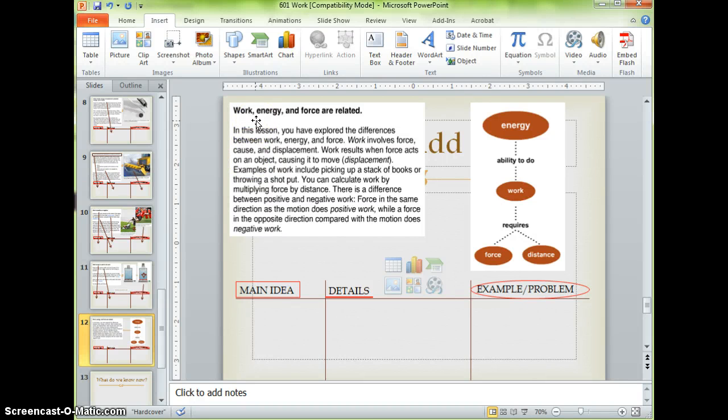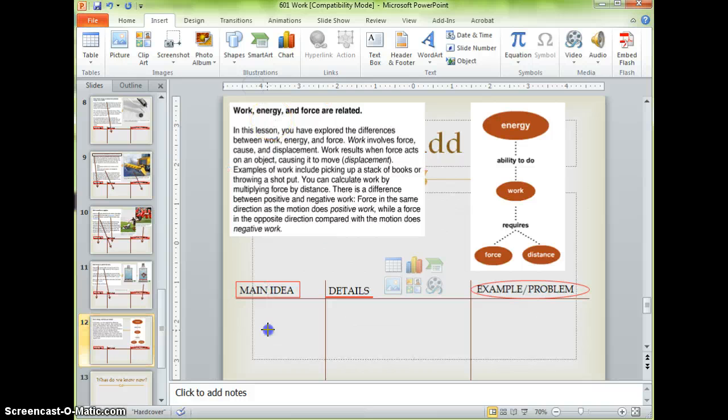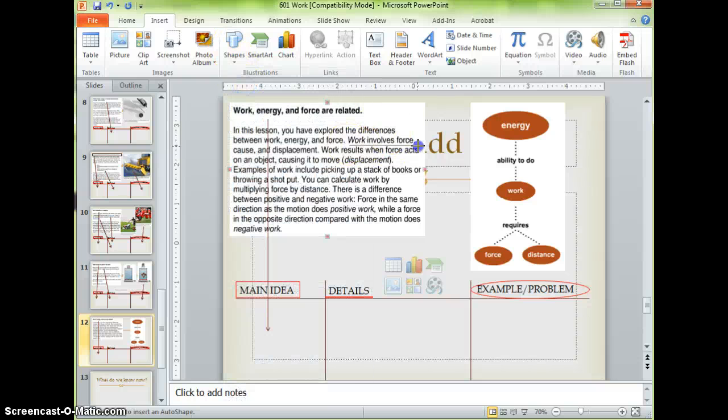So energy, work, and force are all related. Main idea. Work involves force, cause, and displacement. Here is a detail. There's a detail. Force, cause, and displacement. All right. And then it gives you an example.